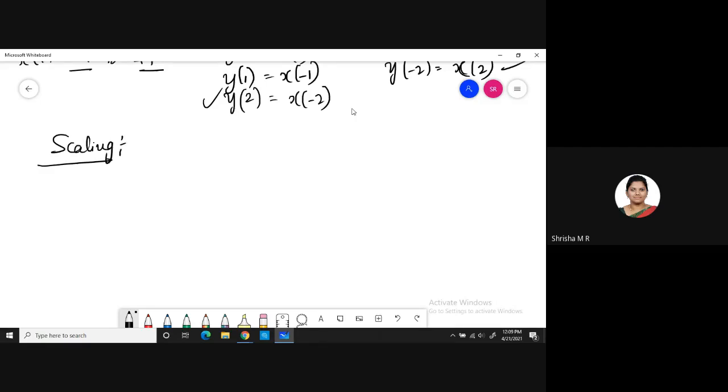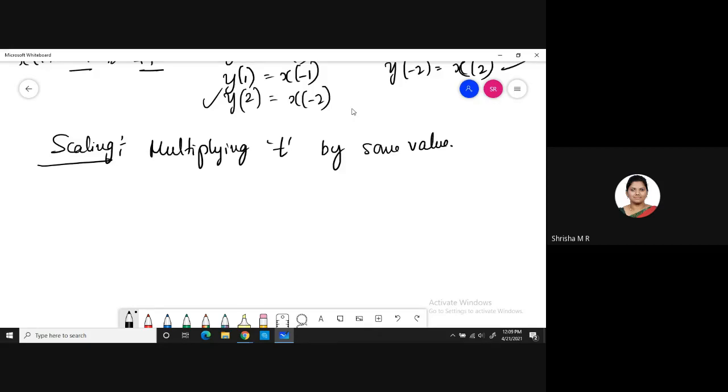So scaling means you are multiplying time t by some value. That value might be less than 1 or greater than 1.